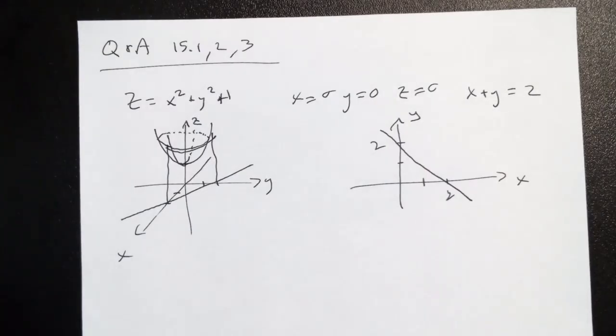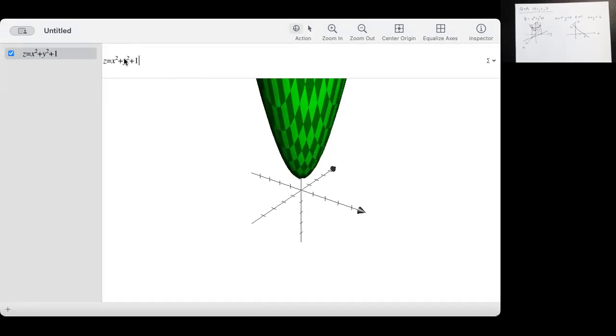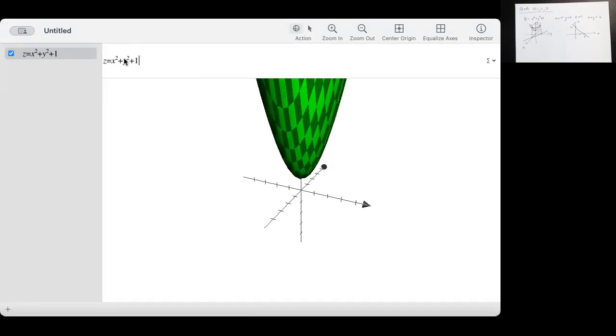Let's boot up the graphing software and draw this there. So I'm going to put in z equals x squared plus y squared plus 1. There's our upward opening paraboloid.